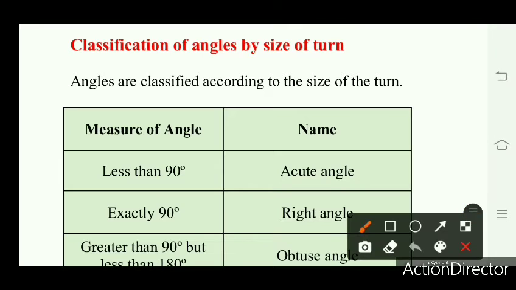Classification of angles by size of turn. You all know that a ray moves from its initial point to a final point, so angles are classified according to the size of the turn. There are some angles based on their size of turn.